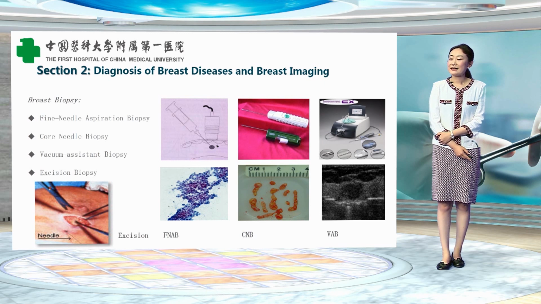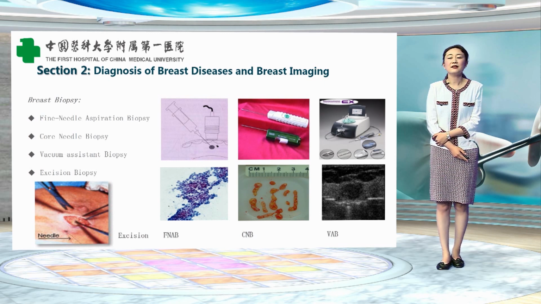But the use of excisional breast biopsy as a diagnostic procedure in most cases increases patients' costs and pain.